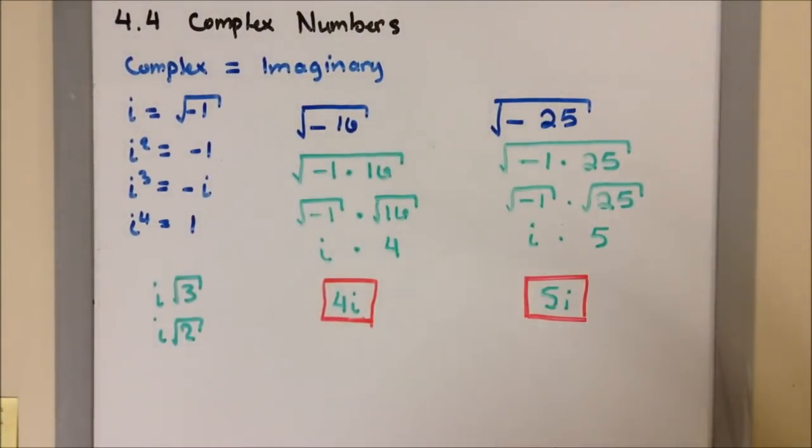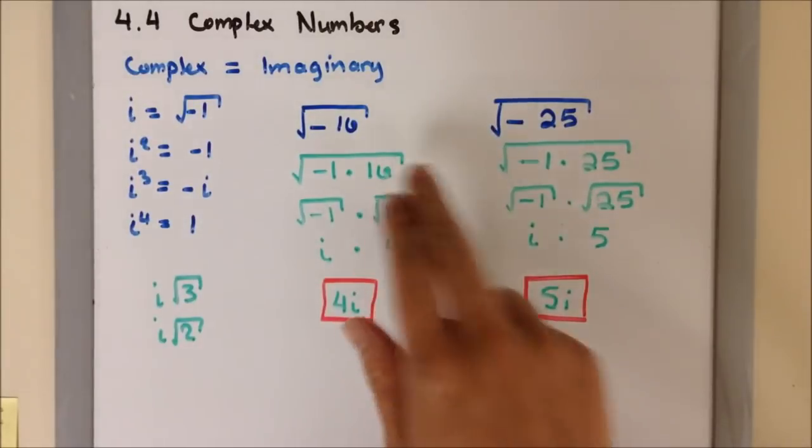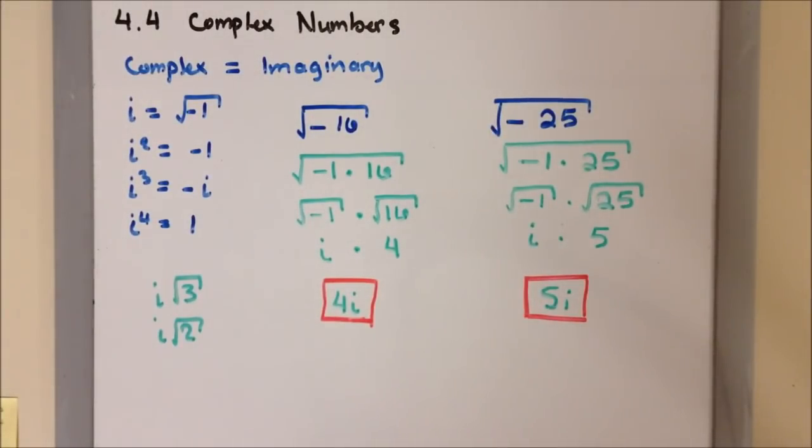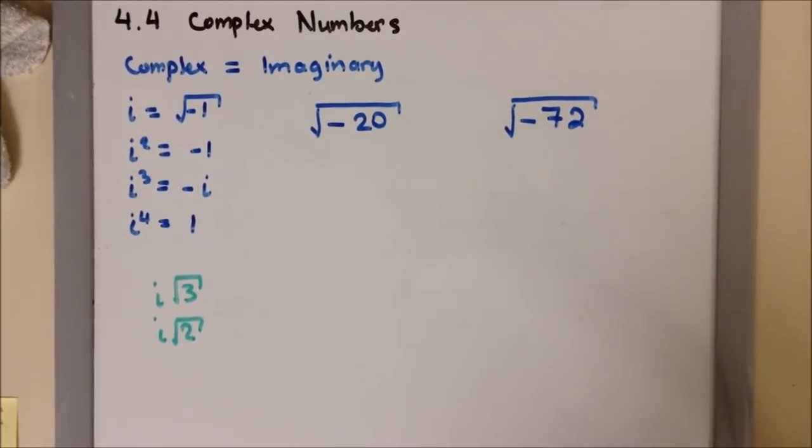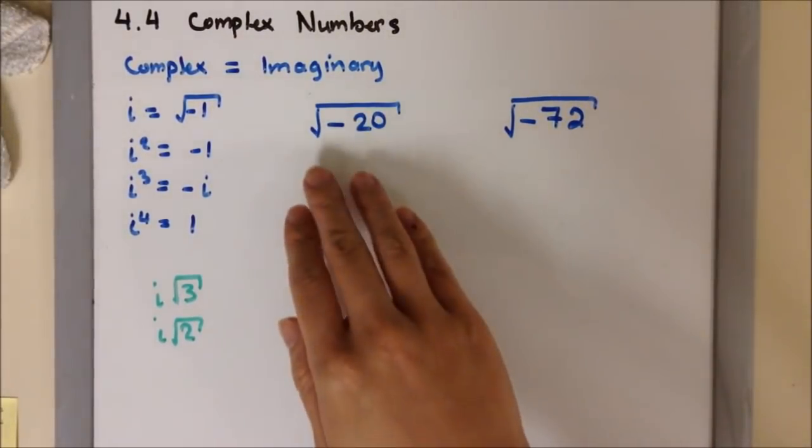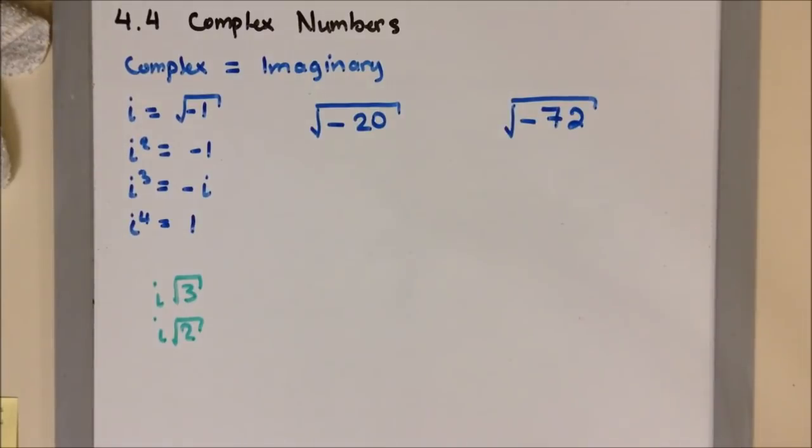So these two examples, they have perfect square numbers, 16 and 25. Next, we're going to be working with non-perfect square numbers. So in the next example, we have the square root of -20. 20 is not a perfect square number. That means we're going to have to break it into two numbers that give you 20, but also another number to make it negative.